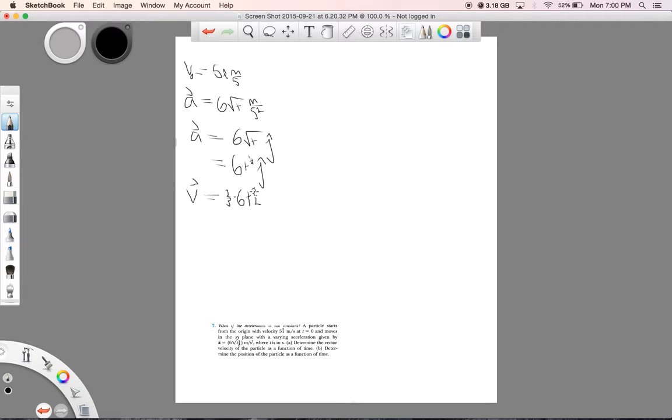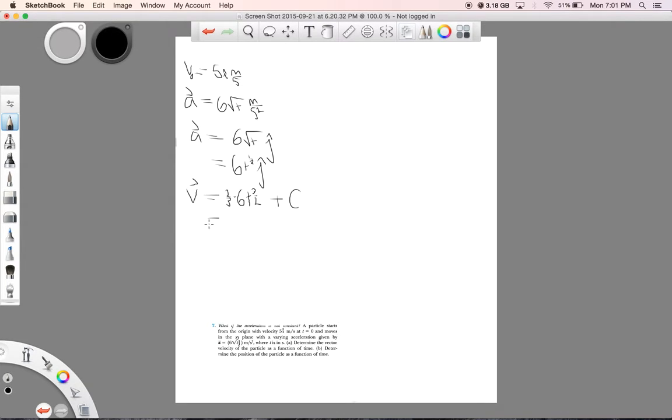So if we were to take the derivative of that and multiply the front by 3/2, then it would become 6 times root t. But we have to add in a constant, because when we take a derivative of a constant, it becomes 0. So we just have to put that placeholder. And in this case, that placeholder constant is v naught, which is the initial velocity.